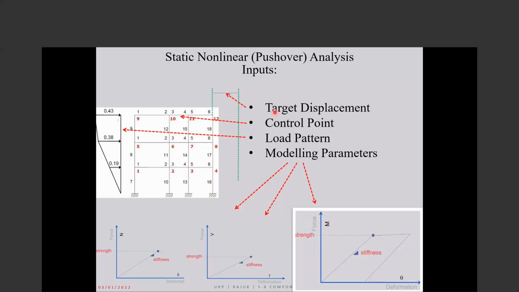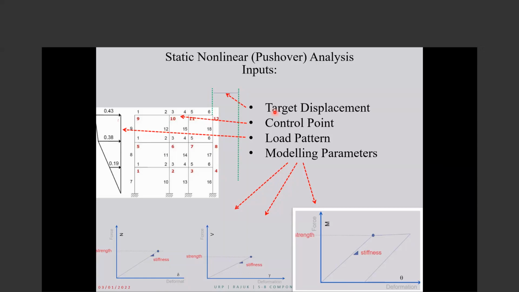For large earthquakes the target displacement is large, for smaller earthquakes the target displacement will be small. Therefore, target displacement is one of the most important inputs in the pushover analysis. But this target displacement will be at a specific point, which we call the control point.